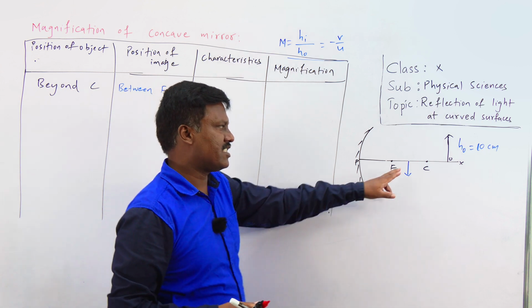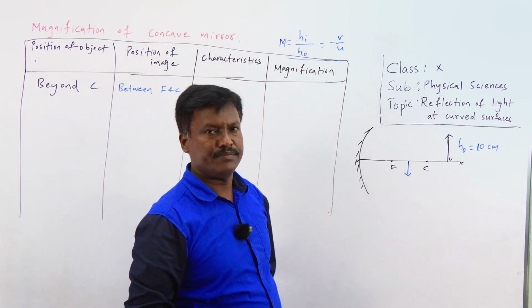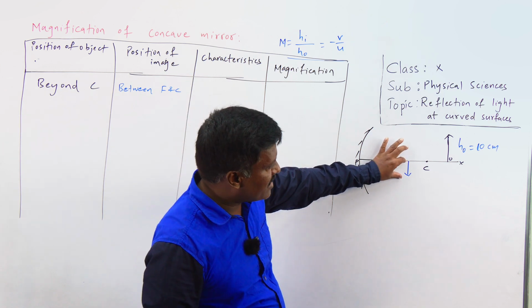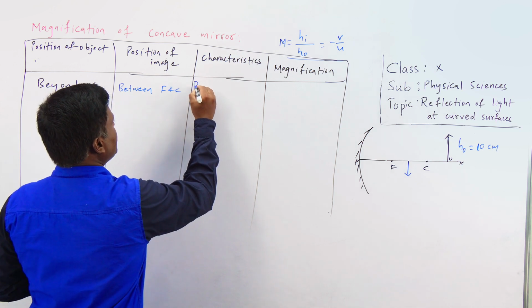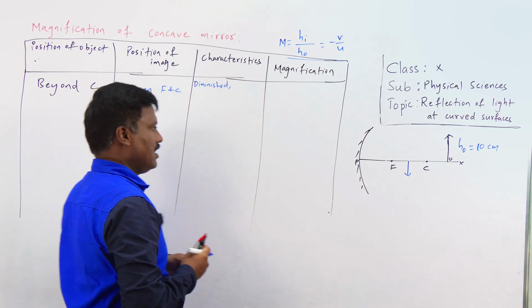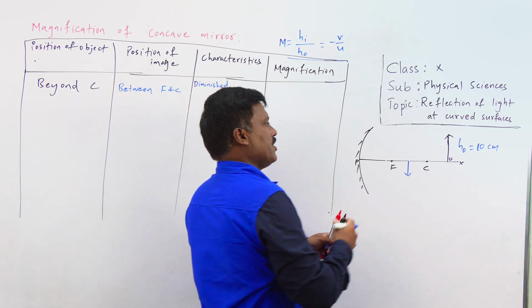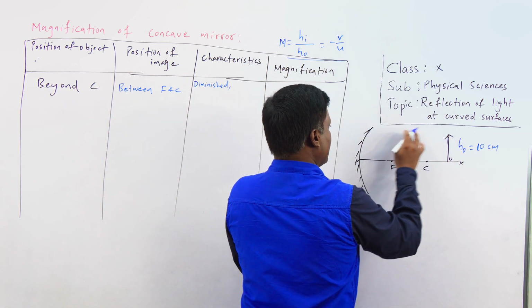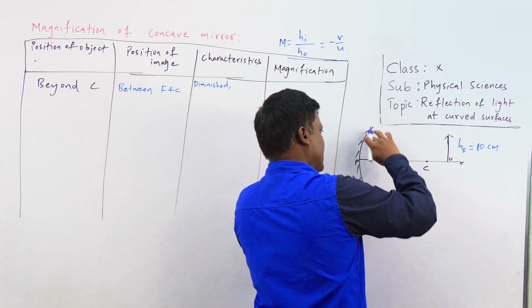What are the characteristics of this image? This image is diminished. Why? The size of the image is smaller than the size of the object. That is why it is diminished. This image is a real image. Why is it called a real image? Because the rays which are incident from the object, after reflection, are converging.